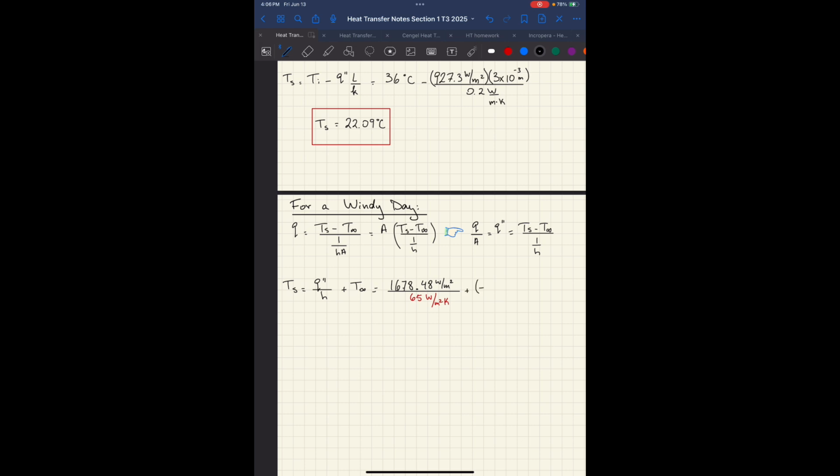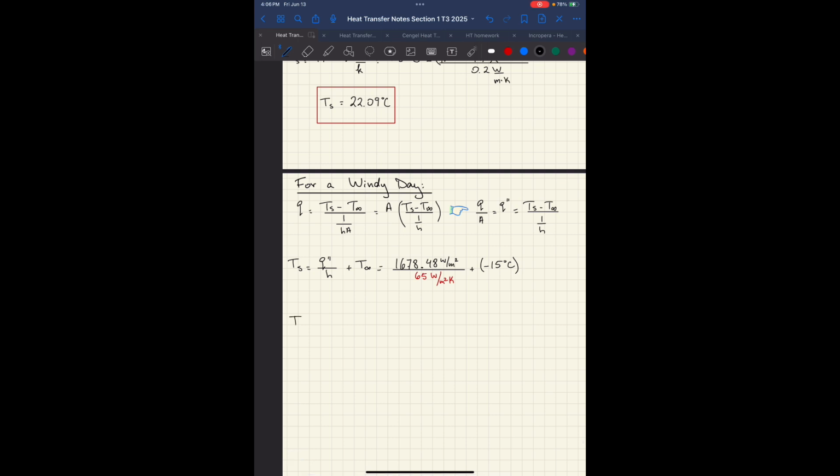And T infinity is negative 15 degrees. So then Ts is equal to 10.82 degrees Celsius. Which makes sense, right? If it's more heat transfer, you're going to feel colder, so the temperature will drop.